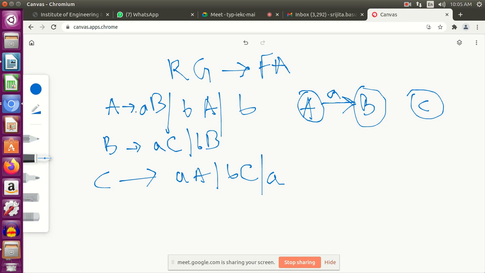Then we have A to A with the symbol b. So A to A with b; A is the initial state.